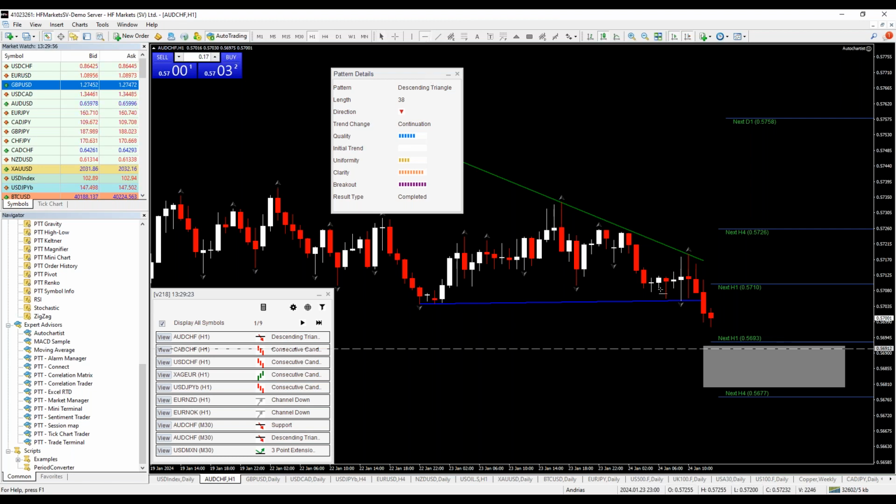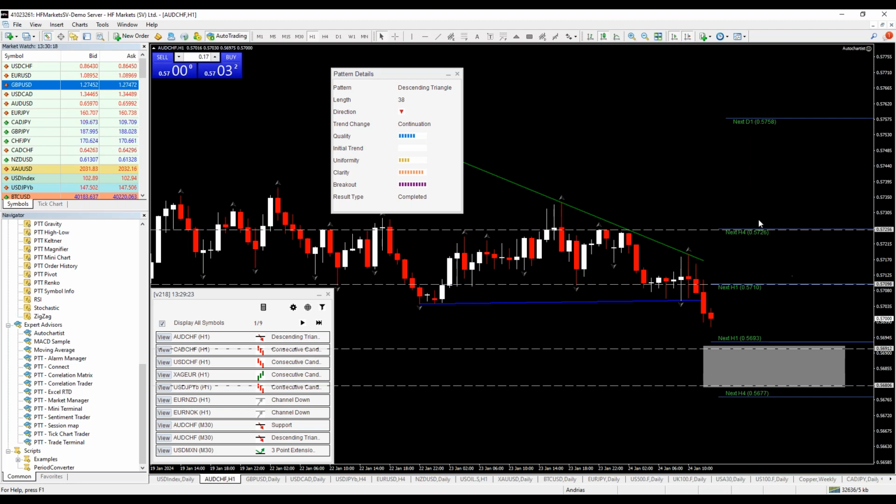So that's a bearish signal for Aussie Swiss with anticipation to reach 56.90 and 56.80 territory. Along with the target area, it also provides you support and resistance levels. The gray area is the target area, while the resistance levels on the top are potential stop loss levels that you can use.